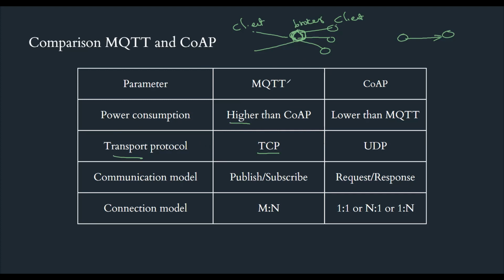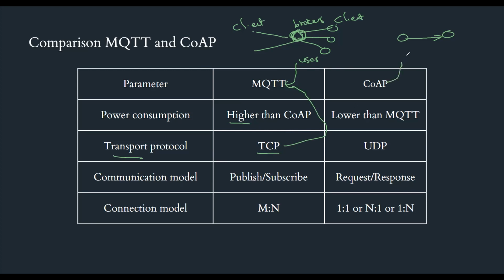The application layer protocol is MQTT. If we are using MQTT, that means the user requires higher reliability of data. In that case, the TCP protocol is used, because the user wants more reliable data.